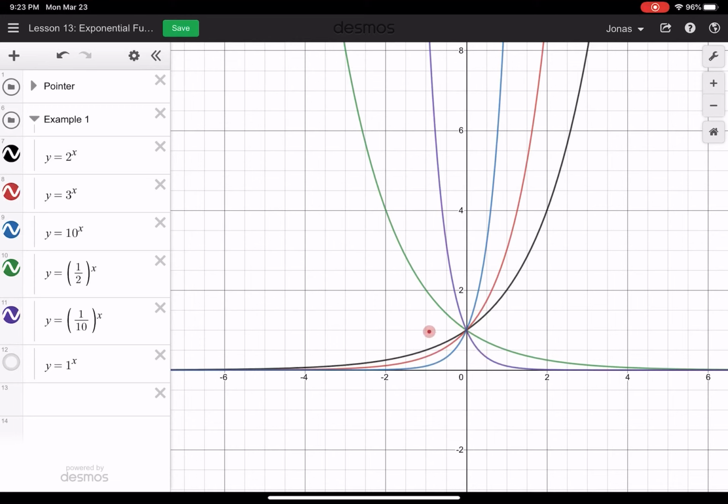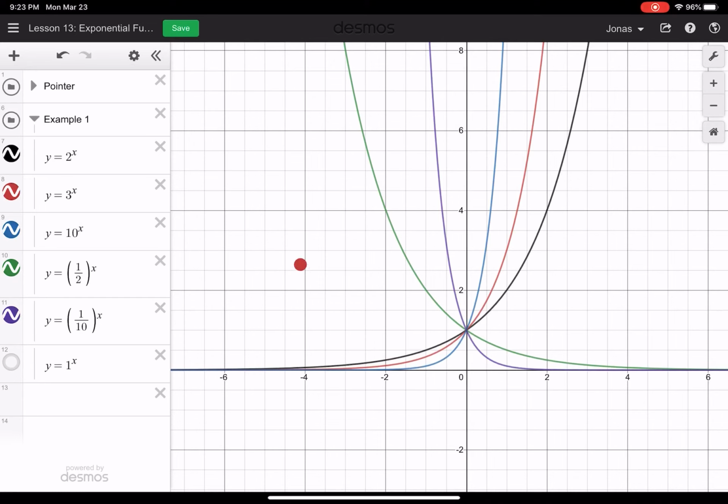You'll notice that by making the base smaller, comparing 1/10 to the x with 1/2 to the x, we make it curve up faster, and we make it go down towards the x-axis faster. So it does both things more quickly. Its behavior changes quicker in both directions. So this means that over here, the 1/10 to the x is going to be below 1/2 to the x, and over here, 1/10 to the x is going to be above 1/2 to the x.